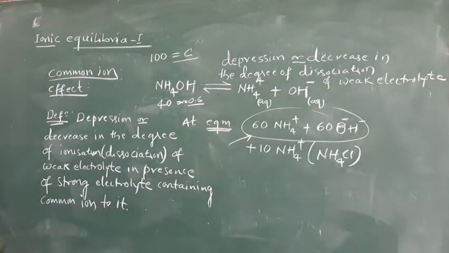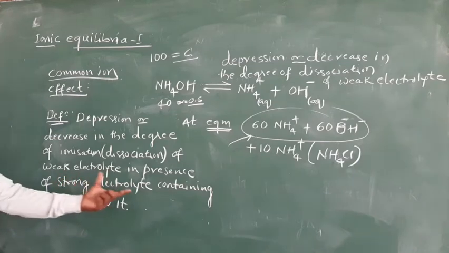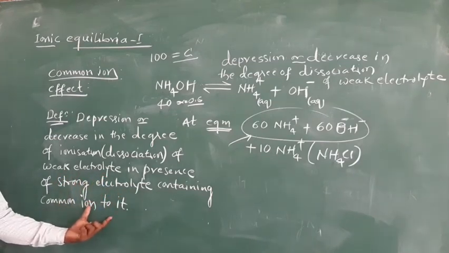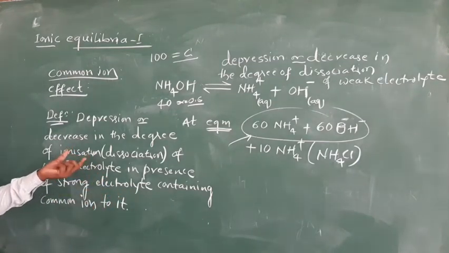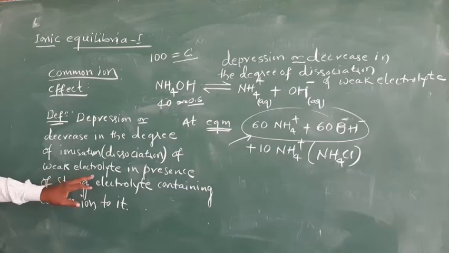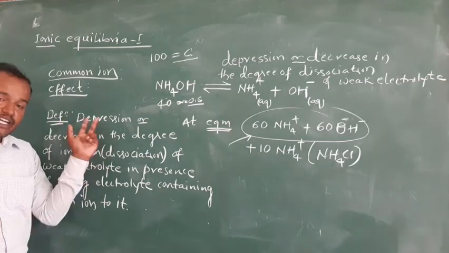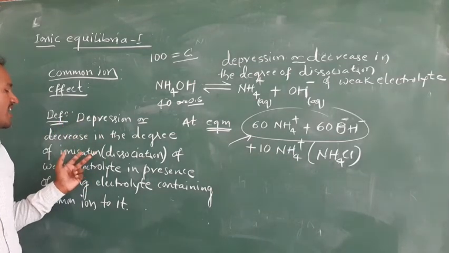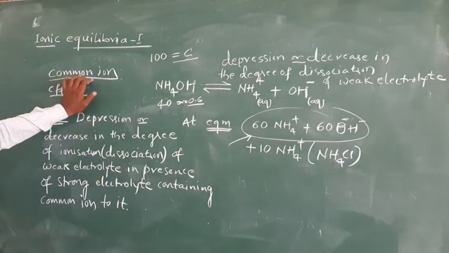In presence means when you add a strong electrolyte containing a common ion to this weak electrolyte. Then there is a depression or decrease in the degree of ionization or dissociation, which is called the common ion effect.